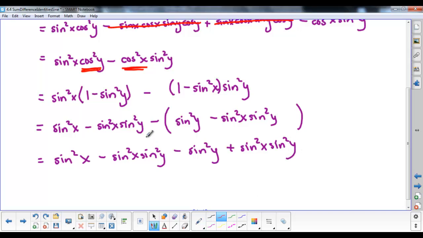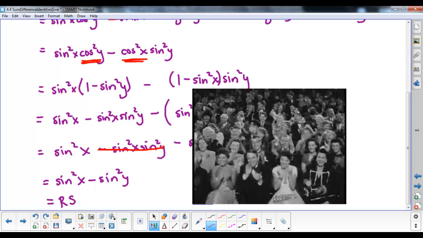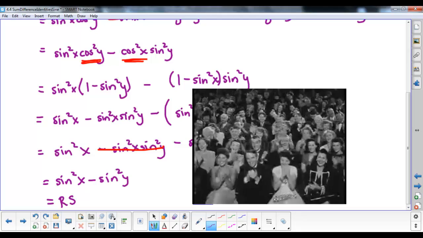And again, you'll notice that terms cancel out. So we are left with just sine squared x take away sine squared y, which happens to be our right side. So we have just shown that left side equals right side.